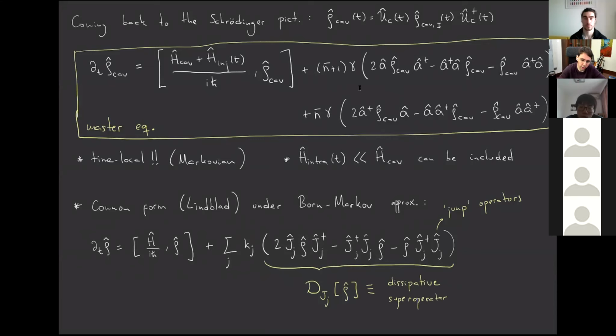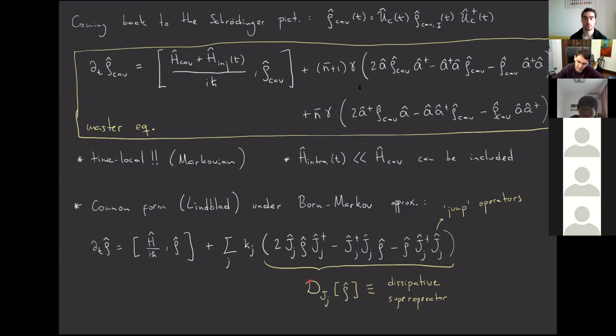Okay, we call this D a superoperator because it is a map that takes an operator, rho, and maps it into another operator, this complex operator here, like j rho j dagger minus j dagger j rho minus rho j dagger j. So in that sense, it's a superoperator. It's an operator that acts on operators, okay?